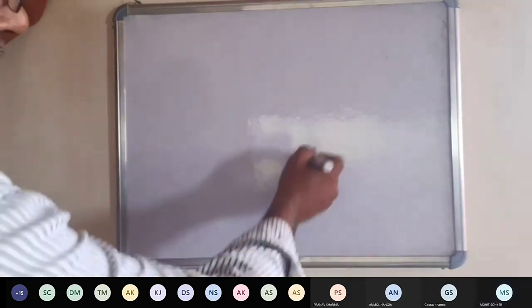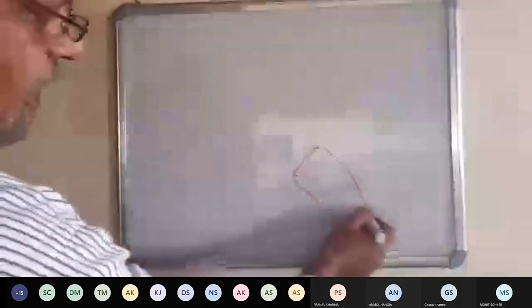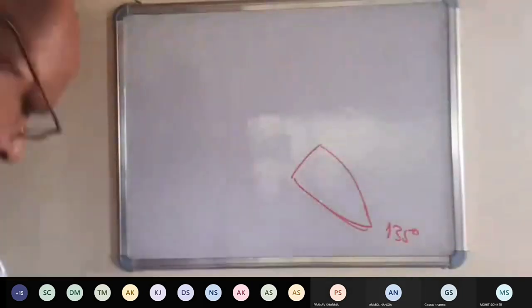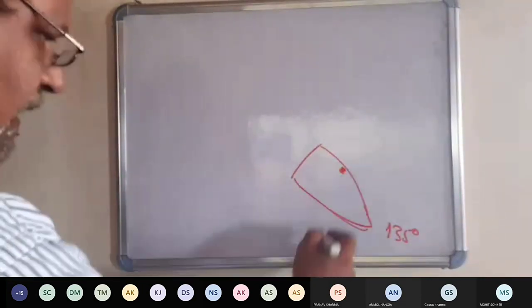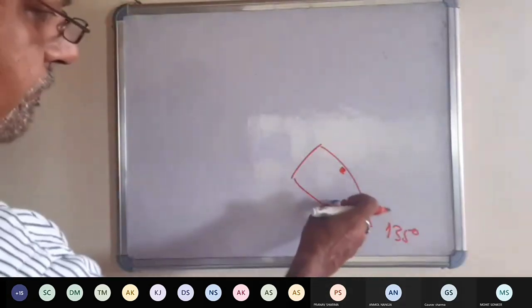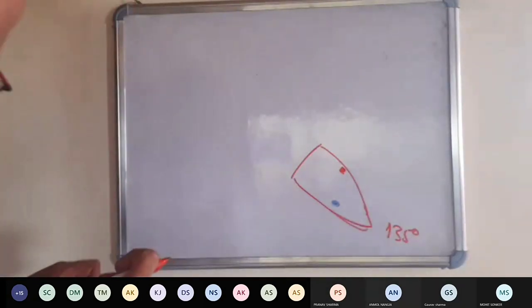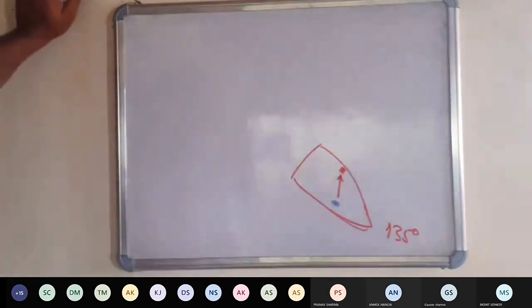Okay. So let us say, when the ship was being built, she was on a heading of 135 degrees, for example. The red is here, the blue is here at this end. The ship's magnetic field is like this.